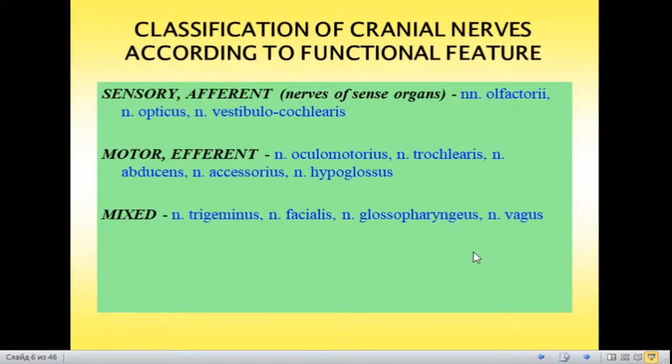So due to this, we consider the oculomotor nerve as definitely motor or efferent, but not mixed. And last group, mixed nerves, those having two components, sensory and motor or efferent. And this group involves trigeminal nerve, facial, glossopharyngeal, and vagus nerve.